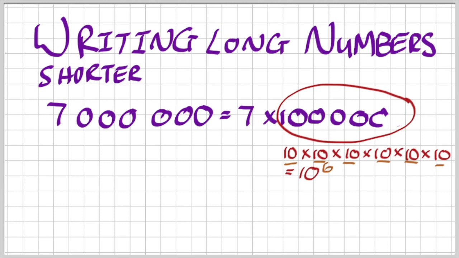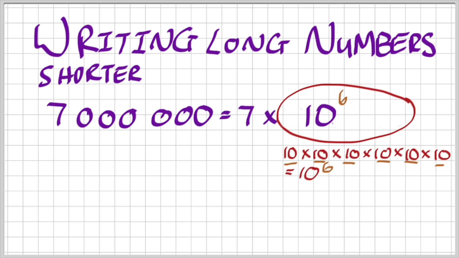There's actually 1, 2, 3, 4, 5, 6. So I can write this as 7 multiplied by 10 to the power of 6. And it's only the tens and hundreds and thousands and millions and billions and trillions where you can do this, 10 to the power of 6 or 10 to the 4.